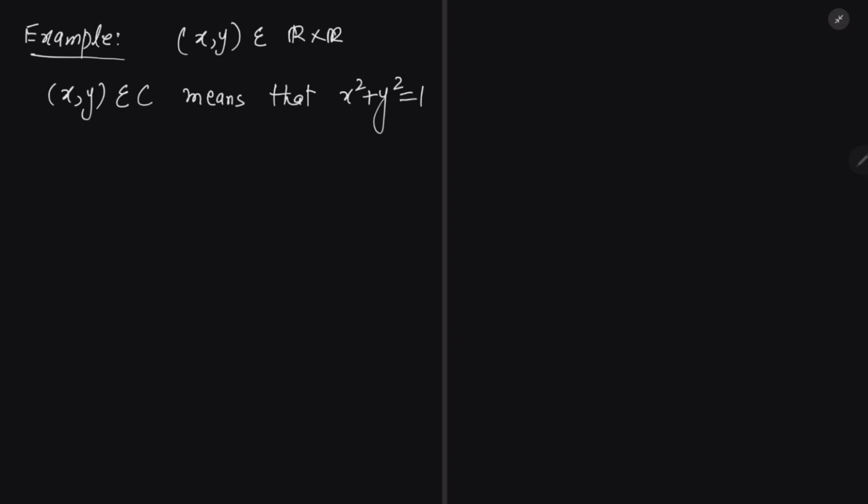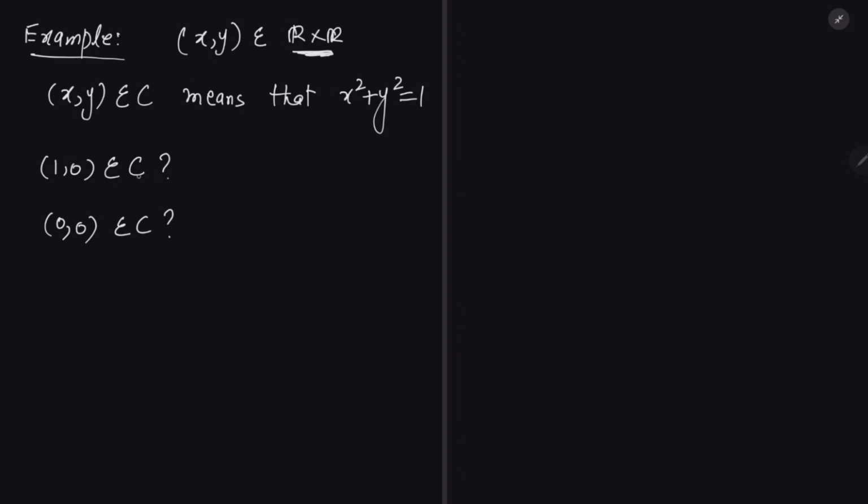The first question is whether 1 0 belongs to C. The next question is whether 0 0 belongs to C. Remember that C is the relation and R cross R is the Cartesian product.